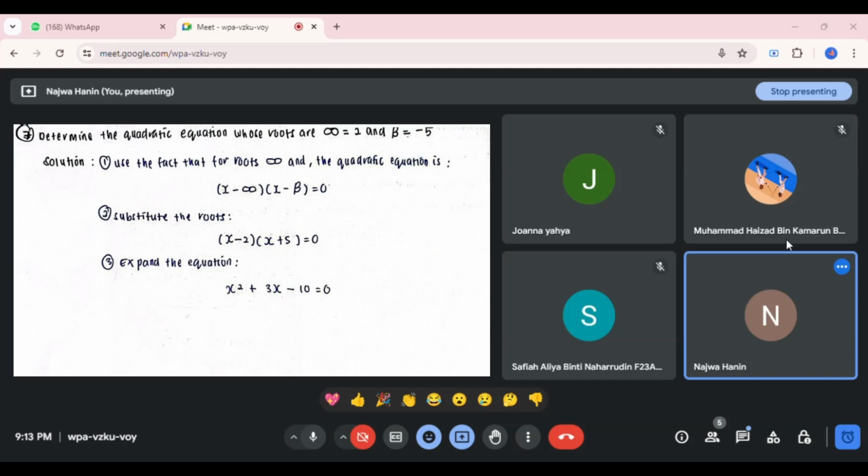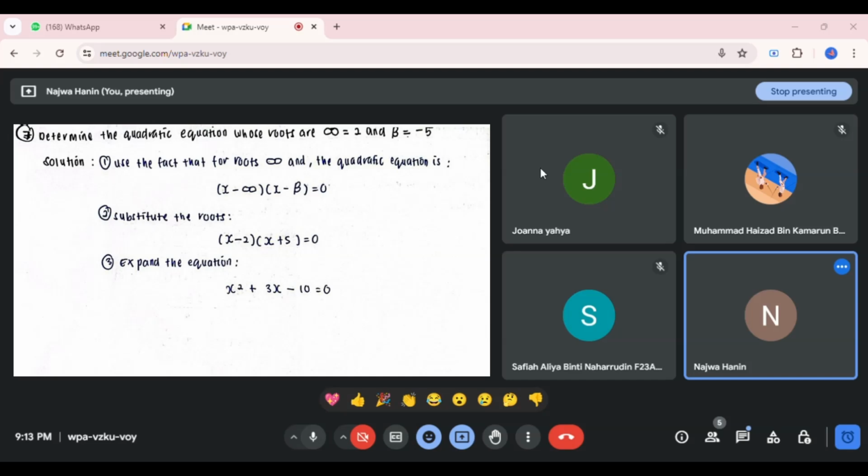Question 7 is determine the quadratic equation whose roots are alpha 2 and beta 5. The solution is number 1, use the fact that for roots, the quadratic equation is this.